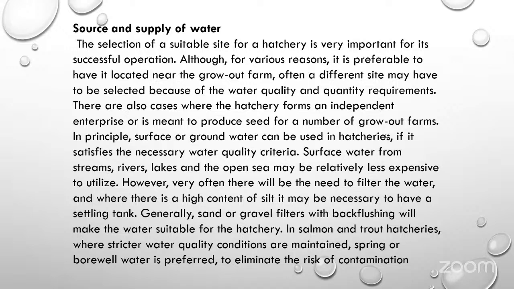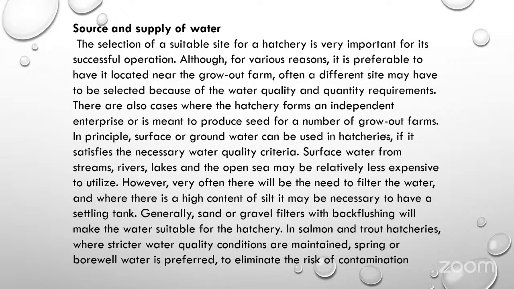There are also cases where the hatchery forms an independent enterprise or is meant to produce seed for a number of grow out farms. In principle, surface or groundwater can be used in hatcheries if it satisfies the necessary water quality criteria. Surface water from streams, rivers, lakes, and the open sea may be relatively less expensive to utilize.